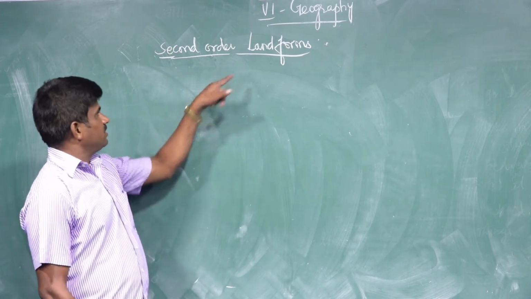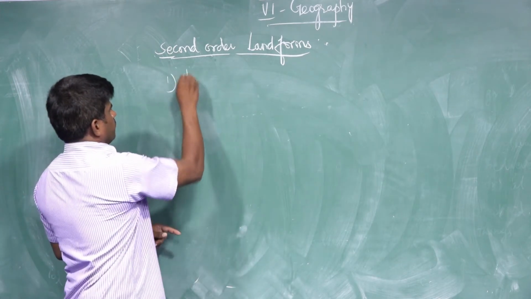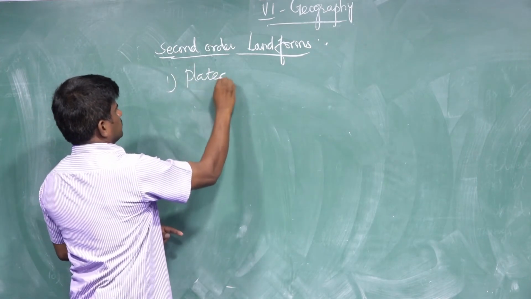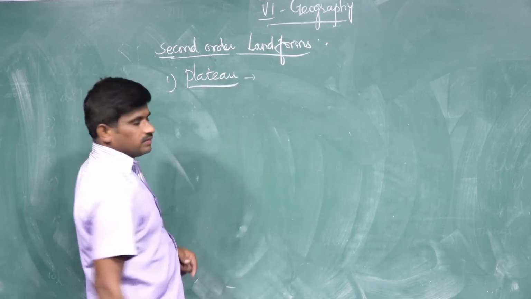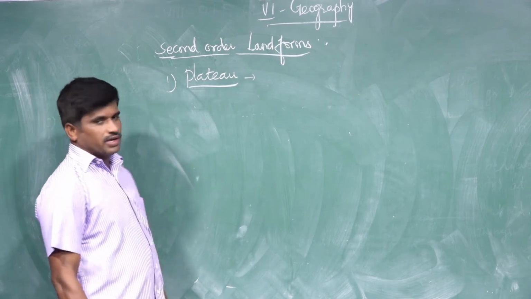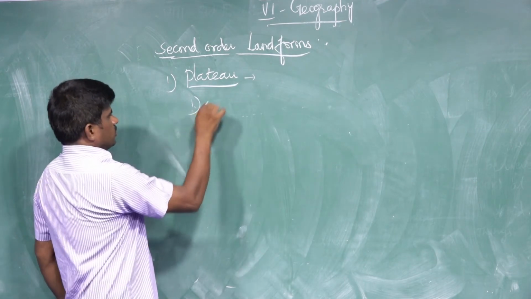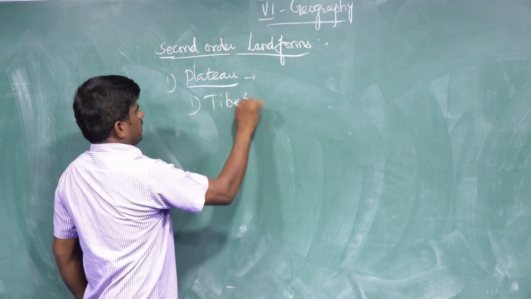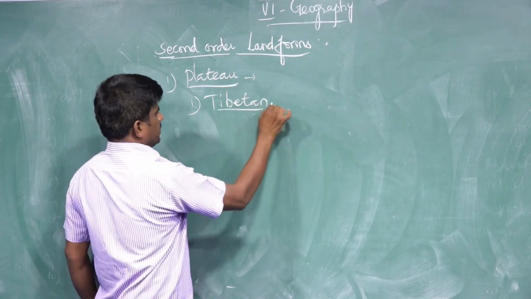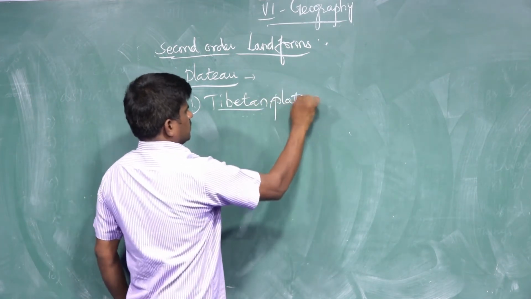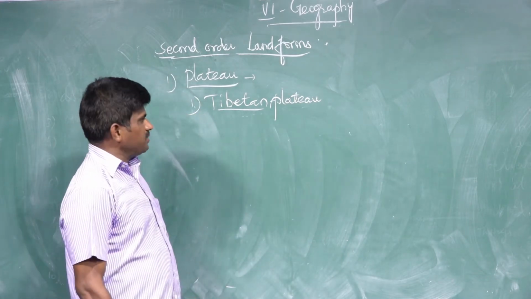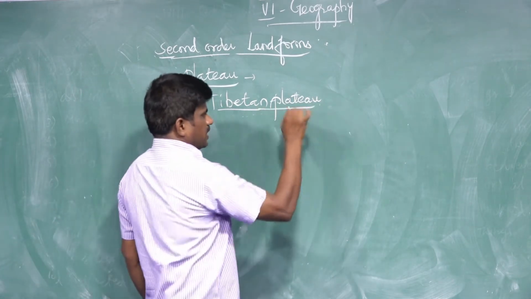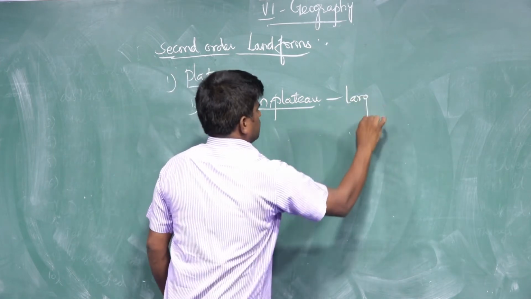Next, the second landform is the plateau. Here are some important plateaus we are going to see now. One is the Tibetan plateau. The Tibetan plateau is the largest plateau in the world.